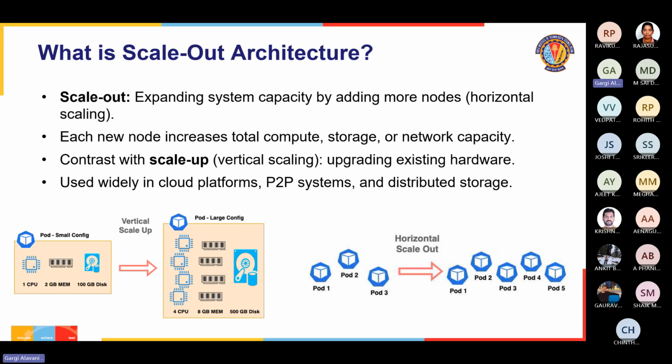Each new node will contribute its additional compute, storage, or network capacity. The system will grow as a whole with each addition. This approach is more flexible, cost effective, fault tolerant, and that's why we go for scale out.